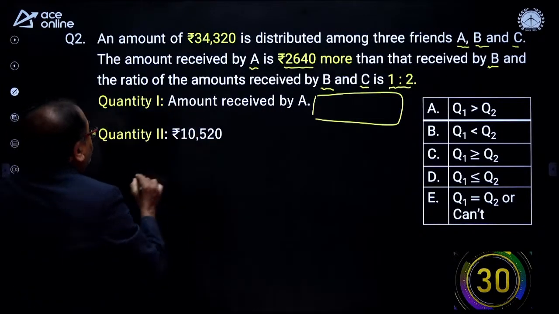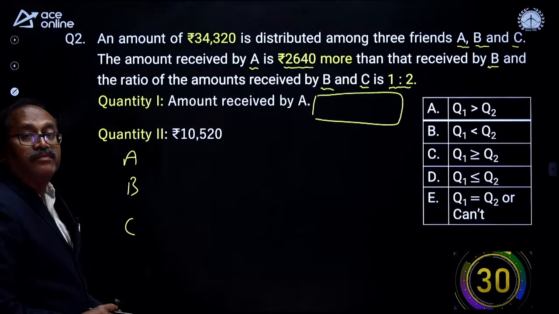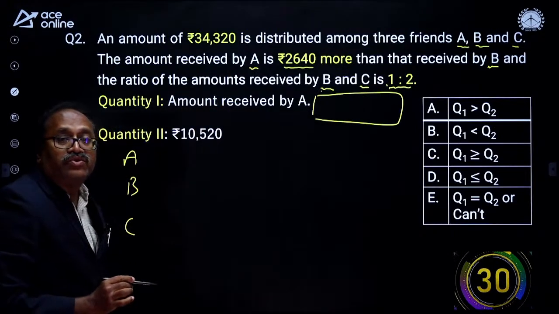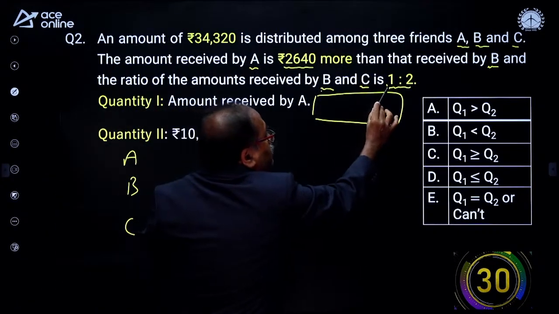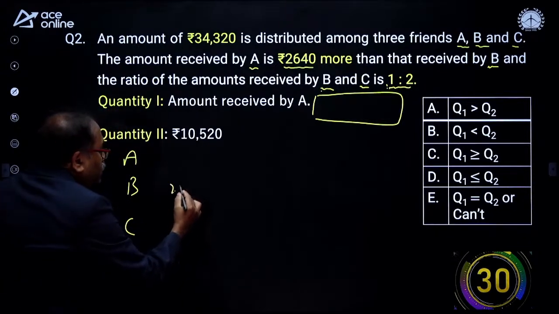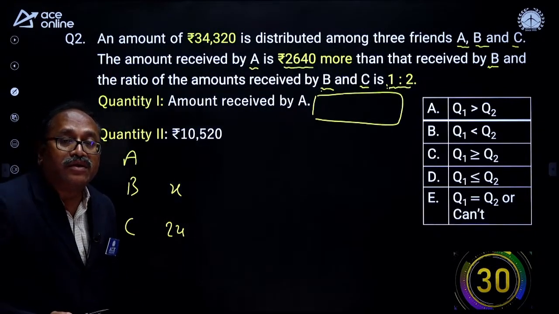There are three persons. Let's assume that they are A, B and C. I have the ratio of B and C, 1:2. So I will consider this as x and this as 2x. Can I find out A?